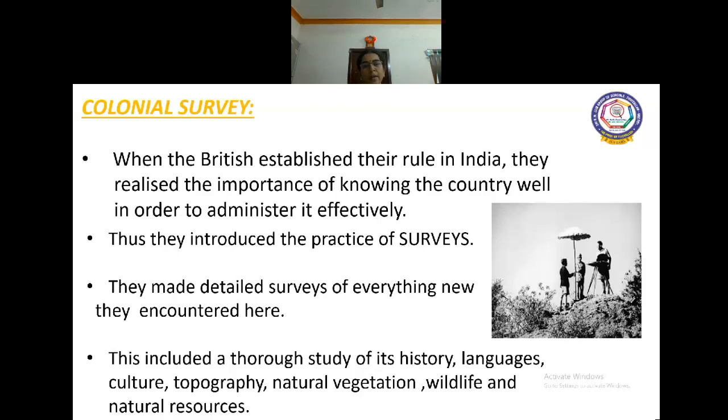This included a thorough study of its history, that is, the history of India, by doing archaeological surveys, languages spoken in various regions, culture of the people, topography, that is, a detailed map of the surface features of land, natural vegetation, wildlife, that is, flora and fauna, and the natural resources which are available in our country.